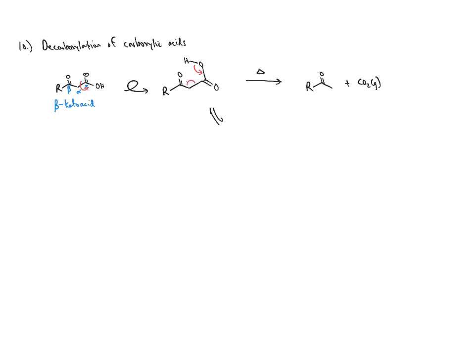You can get a flow of electrons that looks like this, in which the oxygen-hydrogen bond forms a CO2 molecule. The carbon-carbon bond moves over to form an enol, and the carbon-oxygen bond grabs the hydrogen to give you this enol. And this enol we know is going to tautomerize to give you the keto form.